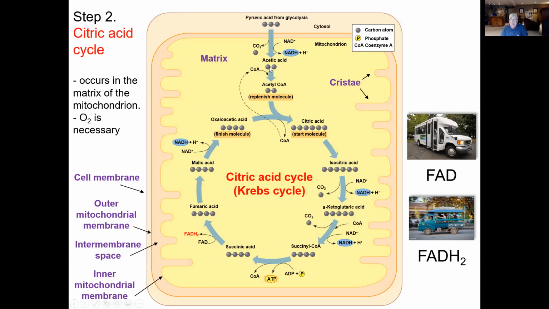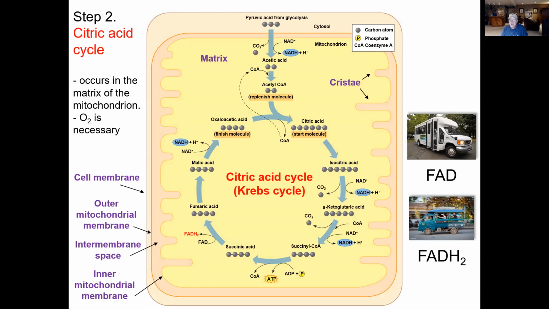This 2-carbon compound called acetic acid is chemically modified a little bit into what's called acetyl coenzyme A. I'm not going to get into what that is, but basically something called coenzyme A gets added to acetic acid to make this acetyl coenzyme A. And then this 2-carbon compound combines with a 4-carbon compound that was made at the end of the preceding cycle.